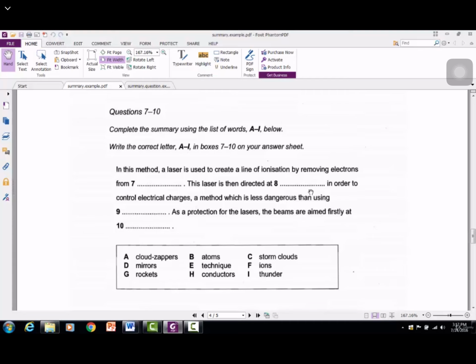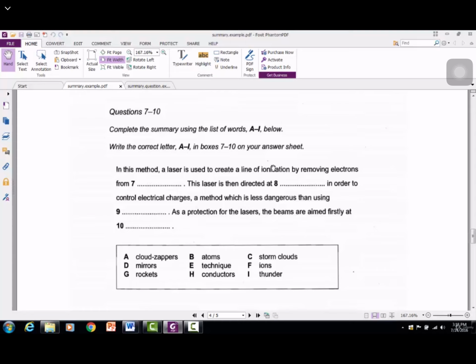Now, one thing that I recommend that might be helpful to you, and I didn't say this when I gave you the strategy lesson, but maybe I should have: even though you're not going to do the summary question first, go ahead and look at the keywords in the summary question: electrical charges, ionization, lasers, laser beams, controlling electrical charges.